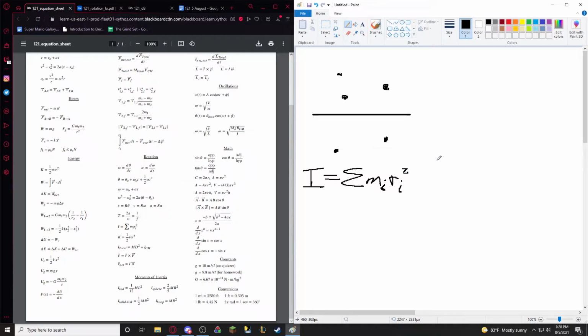And this is the case for any set of point masses, or even not just point masses, but we could technically use this to find the moment of inertia for a rod or a sphere or a solid disk. How would we do that? For example, say we have a sphere rotating through its center. How many point masses are there in a sphere?